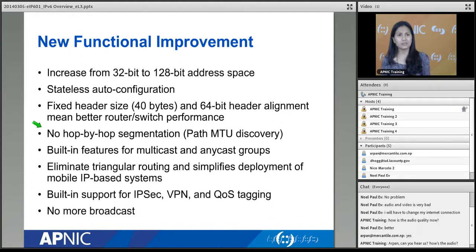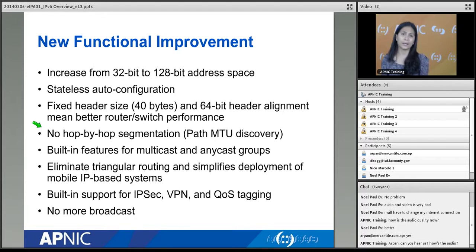I was talking about no hop-by-hop segmentation. So essentially, if a packet has to go from router A to router D, and it has to pass through router B and router C, and at some point one of those links is set to a lower MTU size, what happens is router A will still send that message, it reaches router B, it reaches router C, but since the link does not allow a bigger MTU size, it will be dropped. So it goes back to router A, which notices that it wasn't sent through and will now resend the packet.